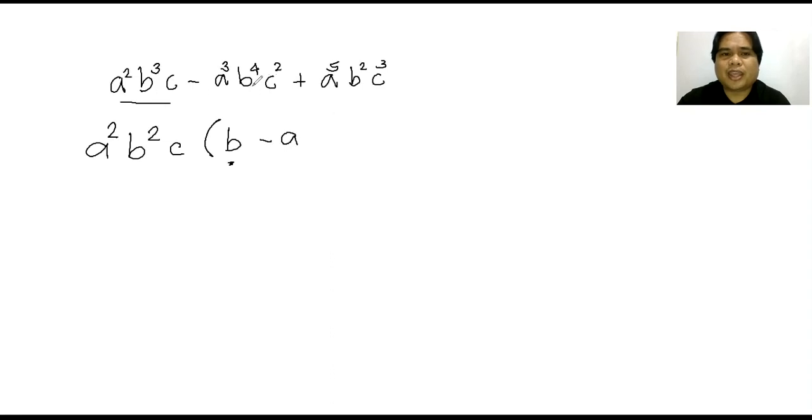For the variable b, you have b to the power 4, you took out b squared, you will have b squared left. How about with c squared, you will have c. Last, for the last term, originally you have a to the power of 5, but you took out a squared, you will have a to the power of 3 left. And then b squared cancels out, c squared.